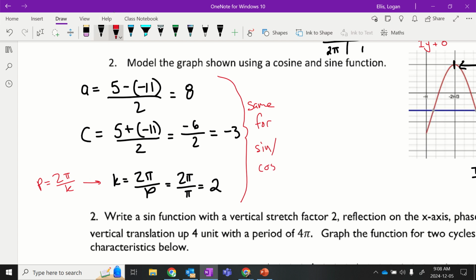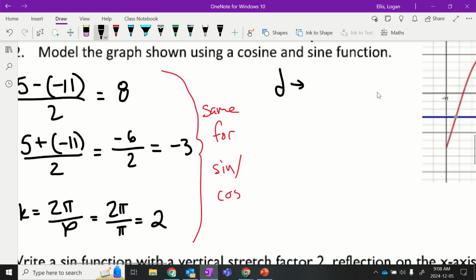The only thing that's different is the D value, and so we're going to write a little thing here for D. Basically, when you're thinking about the D value, the shift, you want to think about a regular pattern of sine and cos. And so just so we're clear, sine typically starts at the center line, goes up, and ends like that, right? That's one cycle of sine.